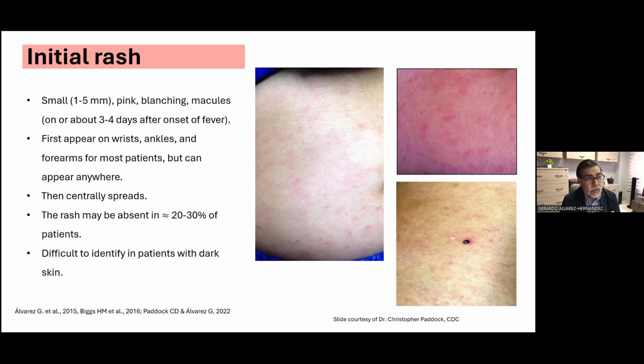They resemble other exanthematic diseases. The rash is usually small and spreads centripetally. It is very important to know that between 20 to 30% of patients with RMSF do not develop a rash, and it is even difficult to detect in dark-skinned patients. So we need to have this in mind in order not to fail to suspect the disease.